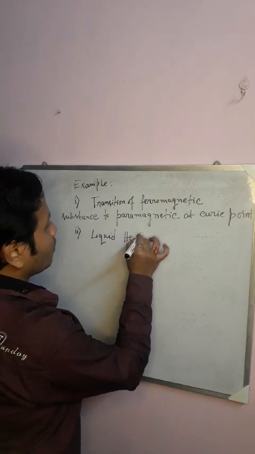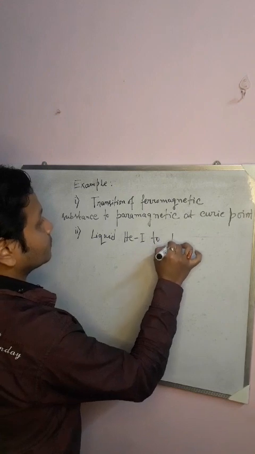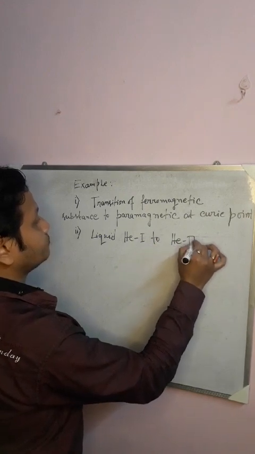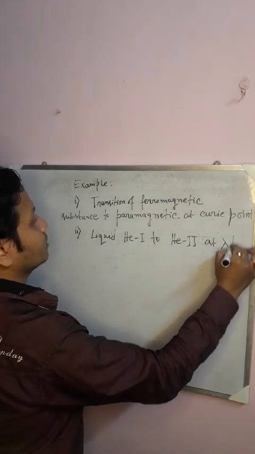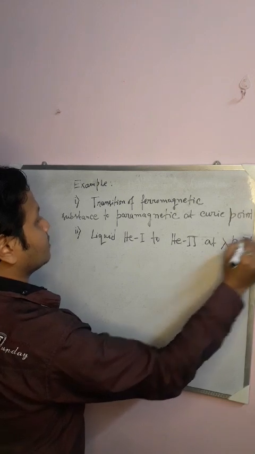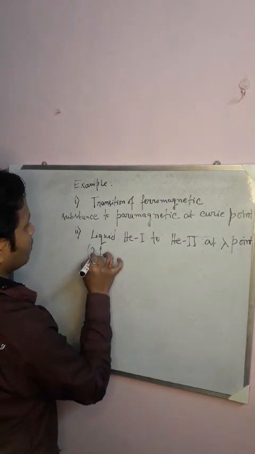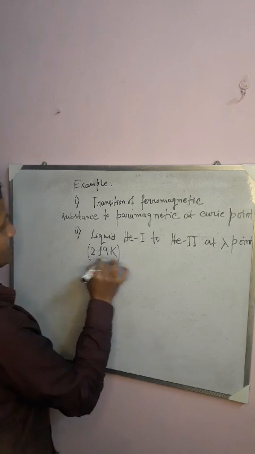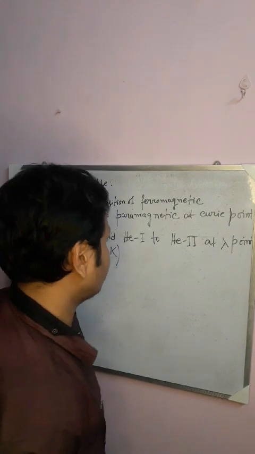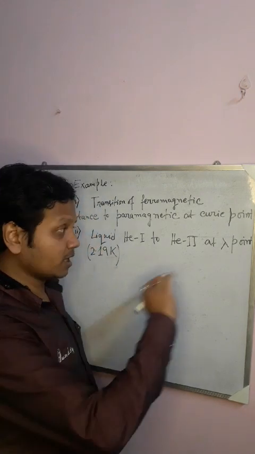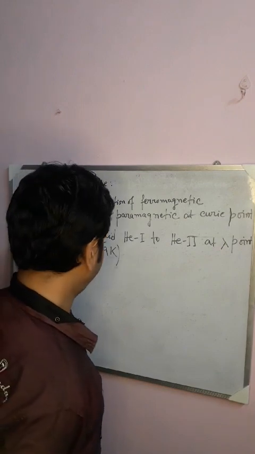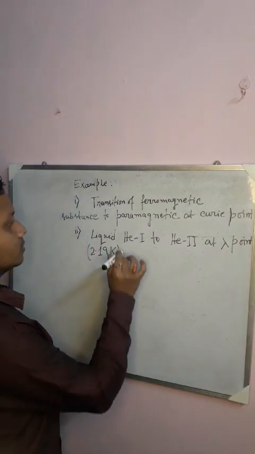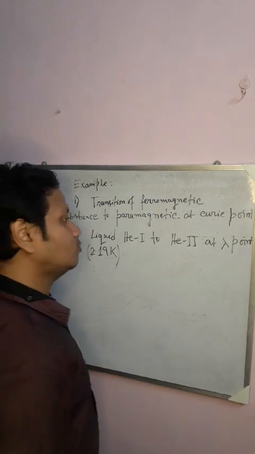At the lambda point, approximately 2.19 Kelvin, that is the transition of liquid helium 1 to liquid helium 2, which we will learn in superconductivity.